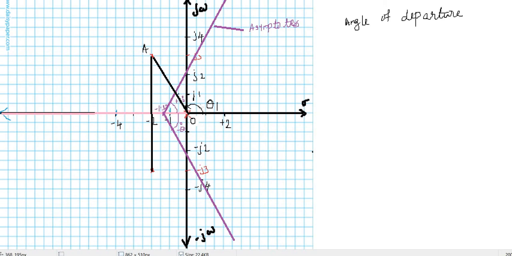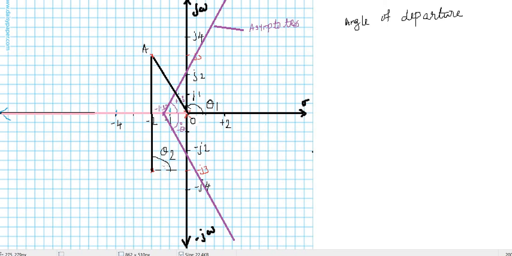The other one is the vector from the other complex pole, -2 minus j3, which makes an angle with the horizontal axis that we mark as theta 2. In order to find the angle of departure, we have to measure theta 1 and theta 2.